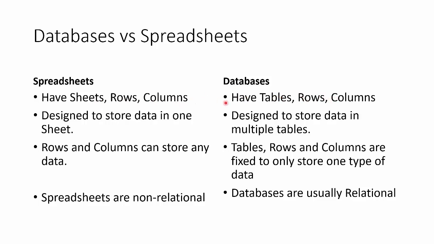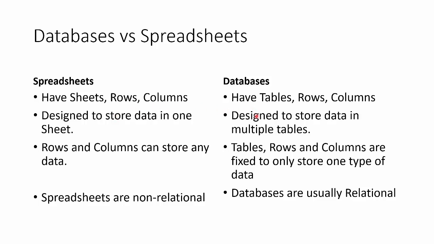At first glance you may think they look very similar, and you're probably right, but there are some differences between the two of them. So a spreadsheet is only designed to store data in one sheet. It's not really designed to be pulling data together from all over different sheets. Modern spreadsheets can do that, but in general they are designed to have a single sheet, a 2-dimensional table layout.